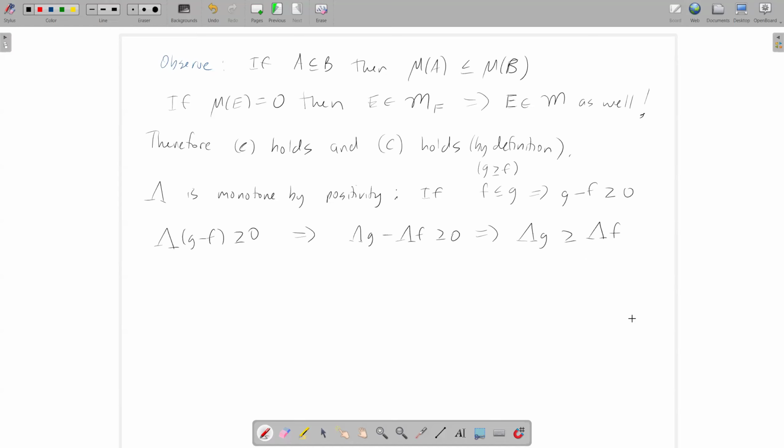According to Rudin, this will be used in steps 2 and 10. So when we get to step 10, we should come back to this and just remember that lambda is monotone.